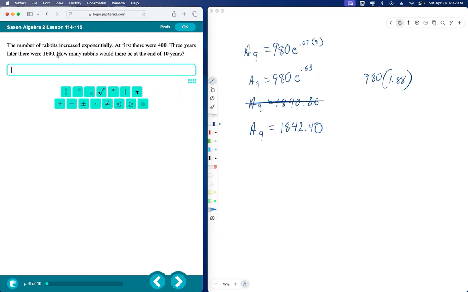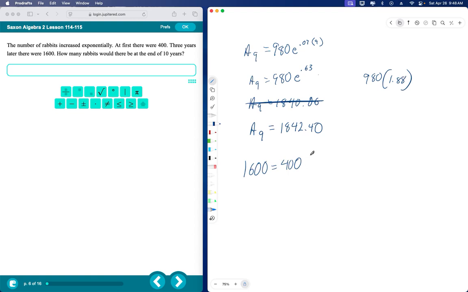This is going to be the exact same thing, right? The number of rabbits increased exponentially. At first, there were 400. So that's our 400. 3 years later, there were 1,600. How many rabbits would there be at the end of 10 years? So we've got to find the rate that it's growing at.